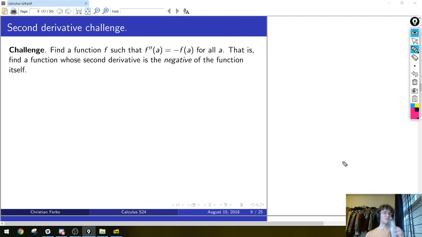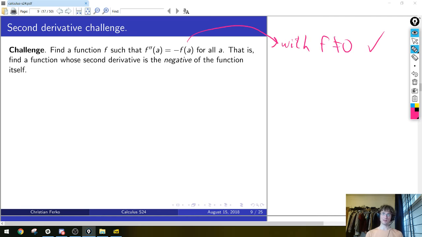Can we let negative f of a equal 0, or is that a given? Oh, good. You caught me, I should have said f not equal to 0. That is true. That is an example with this property, because f equals 0, then, yeah. Very good, very good. I'm not being petty. That's actually exactly the sort of thinking I want you to develop, is finding these counterexamples.